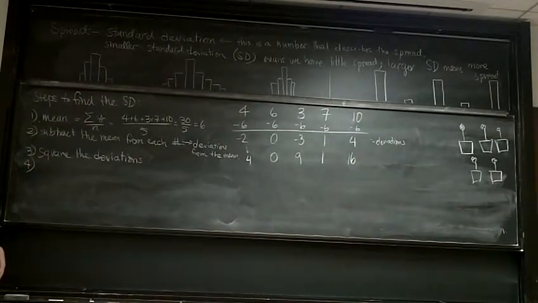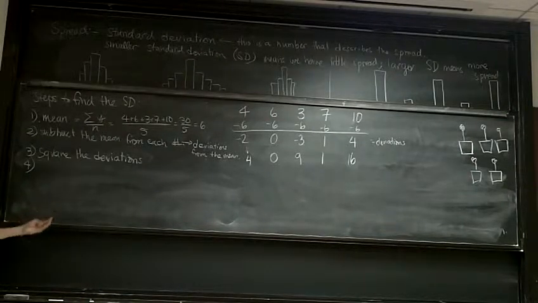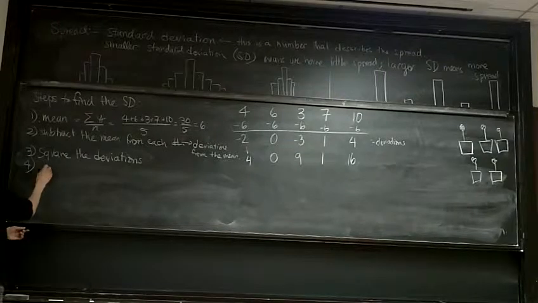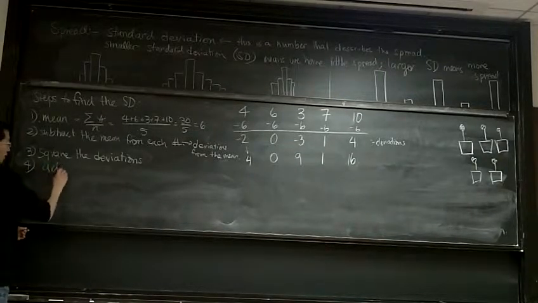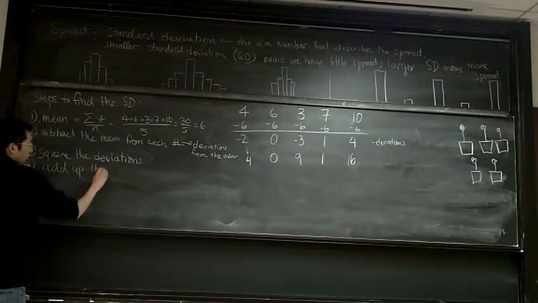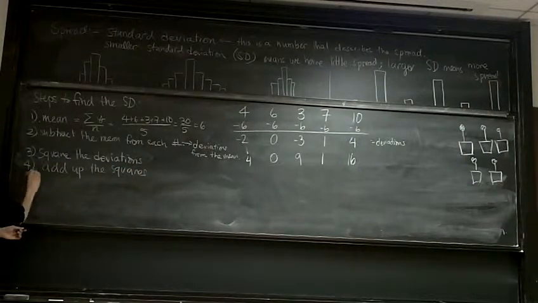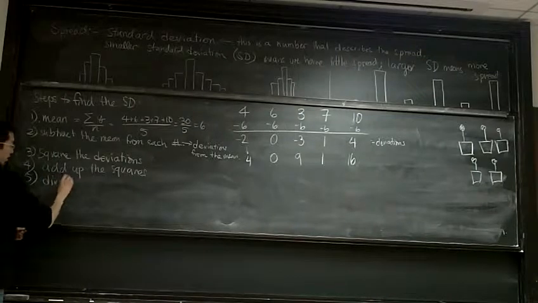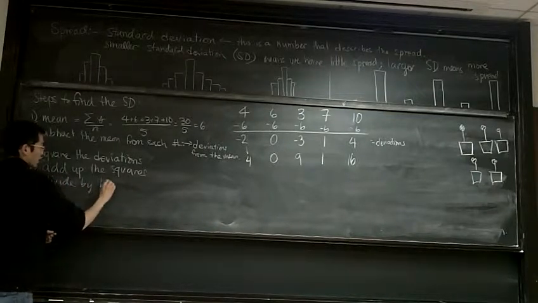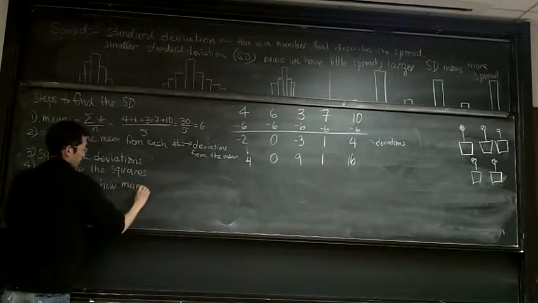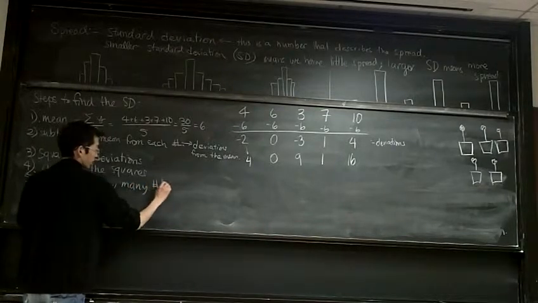And now we are going to find the average of the squared deviations, okay? So this would be add up the squares and divide by how many numbers you have.